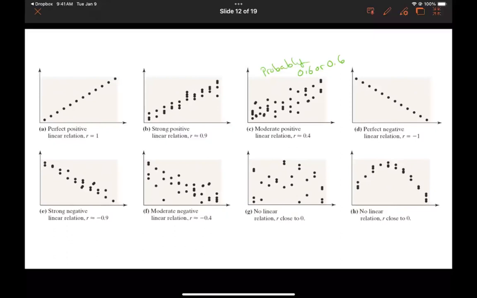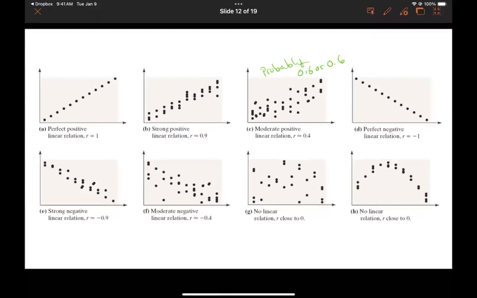I've gotten pretty good at guessing what these are because my AP Stats class at the high school and I play a game where I put scatter plots up and we guess the correlation coefficient, and we've gotten pretty good at them.